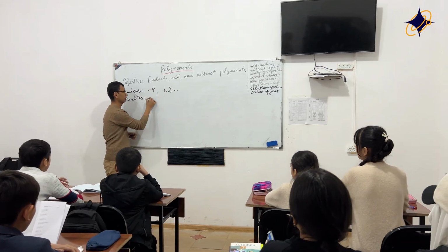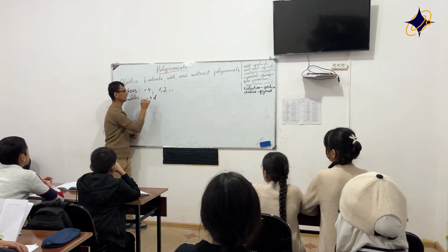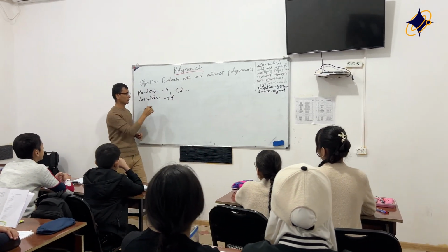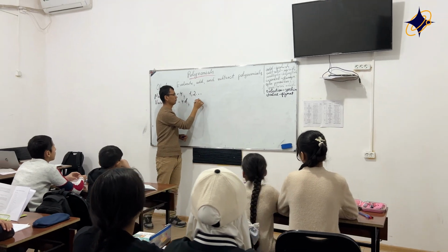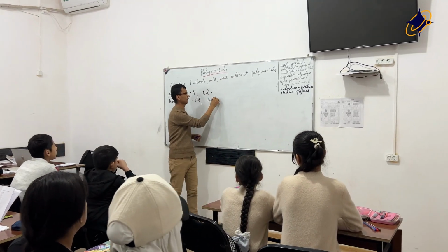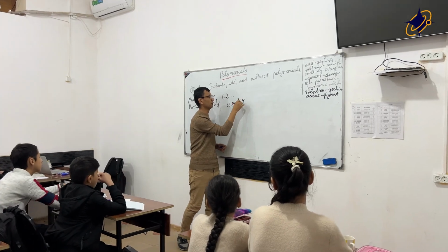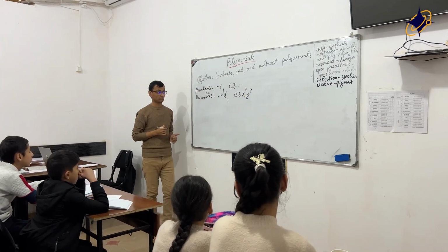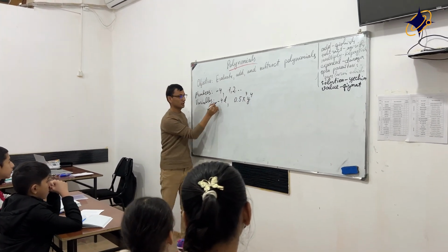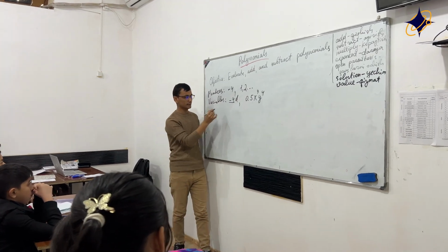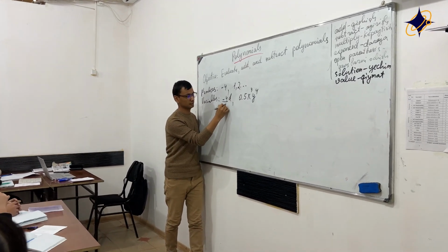For example, minus 4d or 0.5 x exponent of 3 and y exponent of 4. And we know that the 4 is the coefficient.